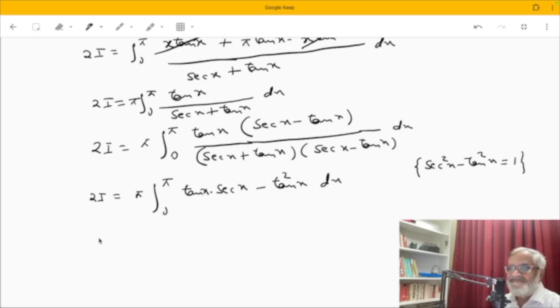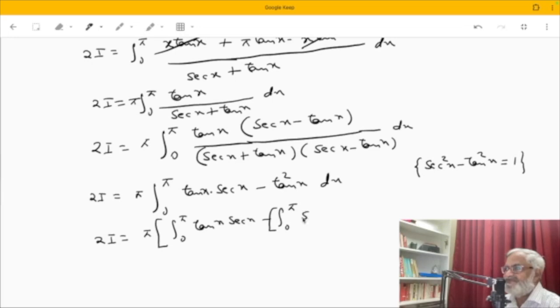So twice I equals pi into integral 0 to pi of tan x sec x, integration of tan x sec x, minus integral 0 to pi of tan square x. Now tan square x may be written as sec square x minus 1. So sec square x minus 1 is integrable.